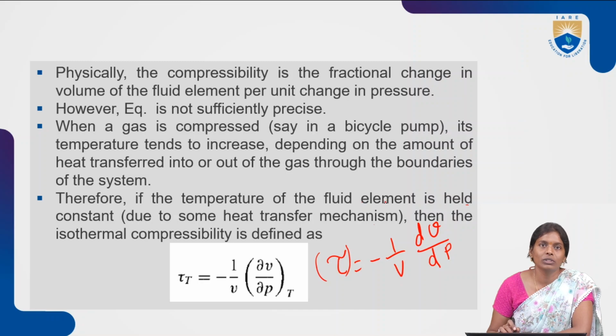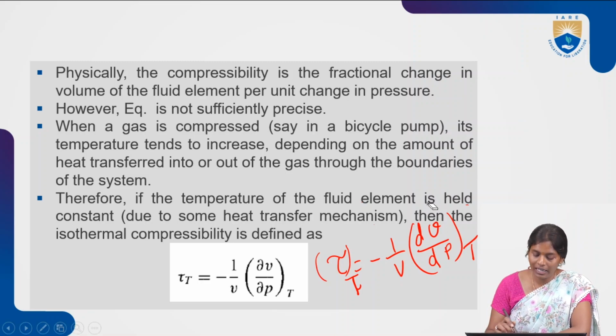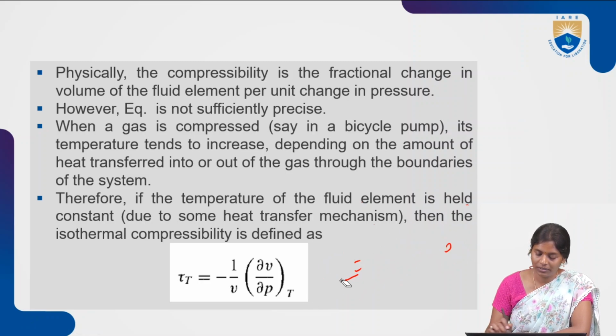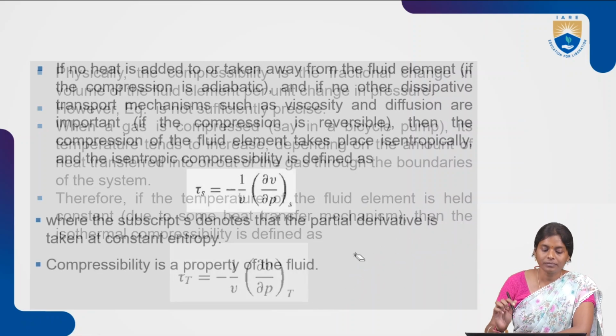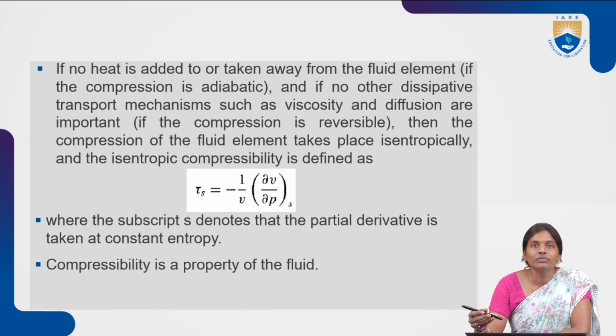If the temperature is held constant, then tau T, the compressibility at constant temperature, is the isothermal compressibility. It means the temperature of the fluid element is held constant. That is the condition for isothermal.